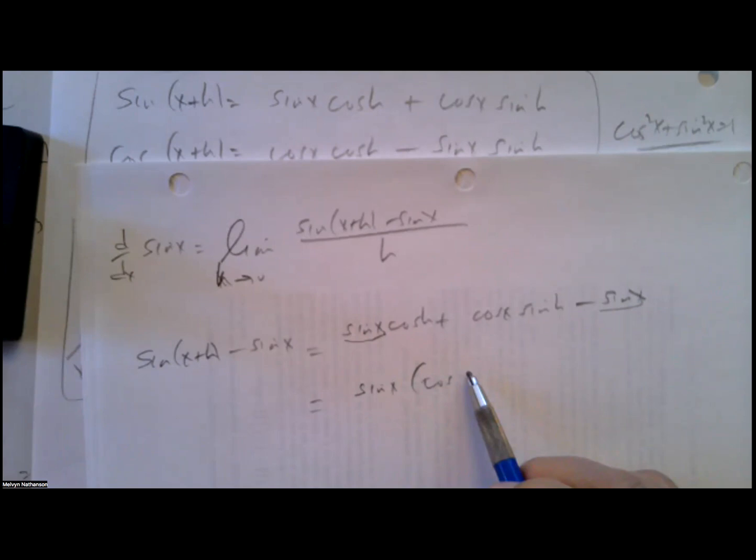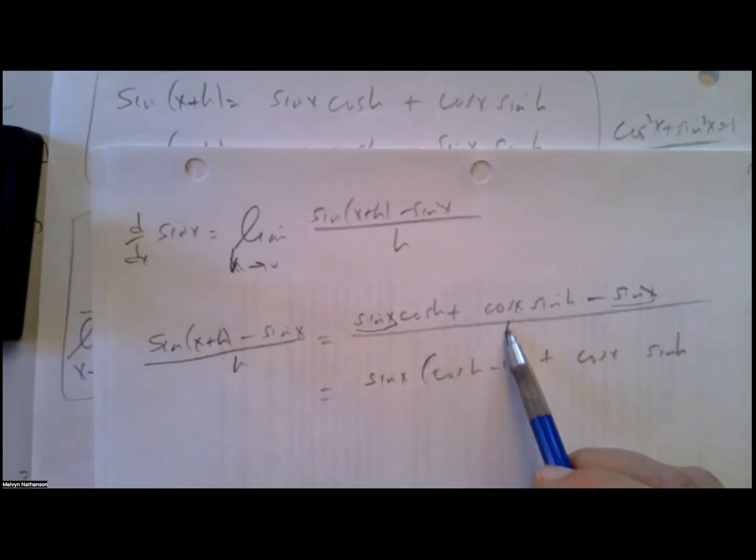Let's examine this. Sine of x plus h minus sine x. Well, sine of x plus h is sine x cosine h plus cosine x sine h minus sine x. And here I have a sine x, and here I have a sine x. So I can subtract. This is sine x times cosine h minus 1 plus cosine x sine h.